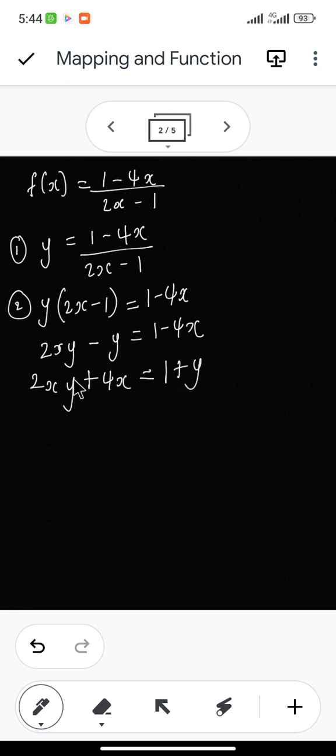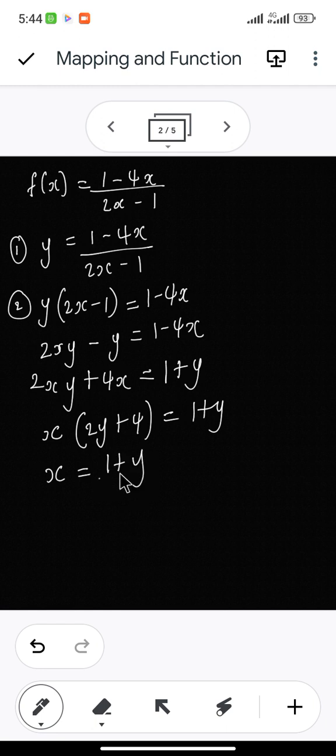The reason why we brought all the x's together is because we want to make x the subject, so we can easily factorize. Now we factorize, x is common, so x, what is left? 2y plus 4 is equal to 1 plus y. Now we divide both sides by 2y plus 4, so x becomes 1 plus y over 2y plus 4.